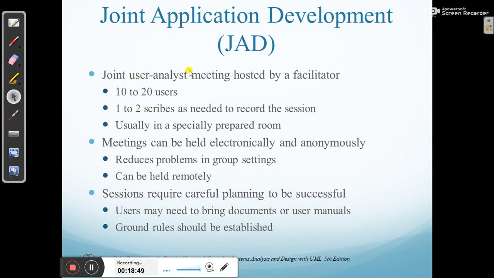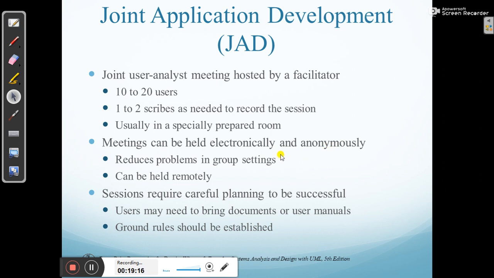Joint application development is a joint user-analyst meeting hosted by a facilitator. You need 10 to 20 users, and 1 to 2 scribes as needed to record the session, usually in a specially prepared room. Meetings can be held electronically and anonymously.